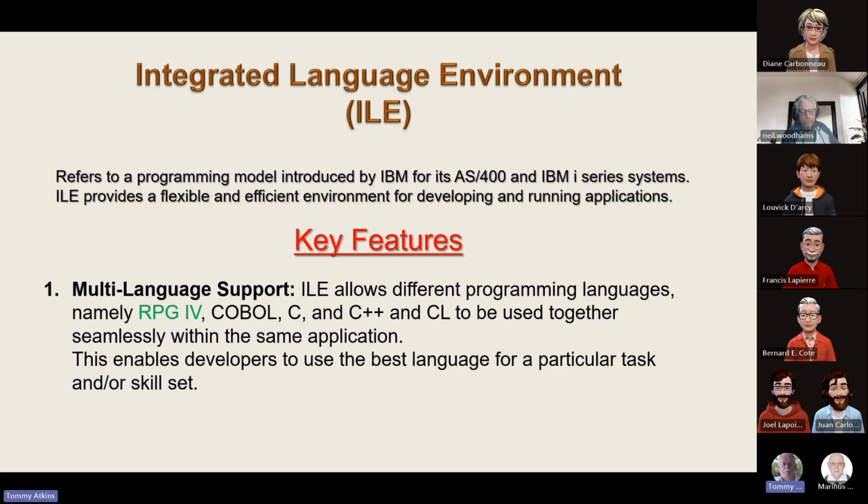At the moment, there are 5 languages that can be mixed and matched together to build an application, using the best language for the purpose and for the skill set that you have. You can bind all of these different languages together to create an executable program. That's the first purpose of this ILE environment.